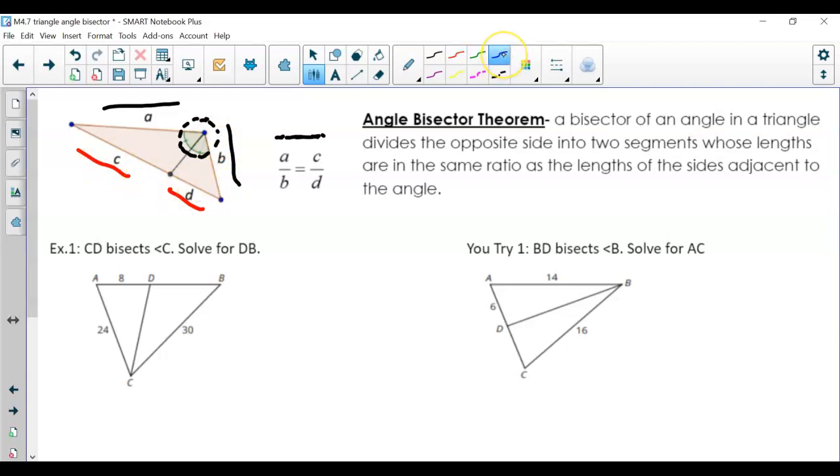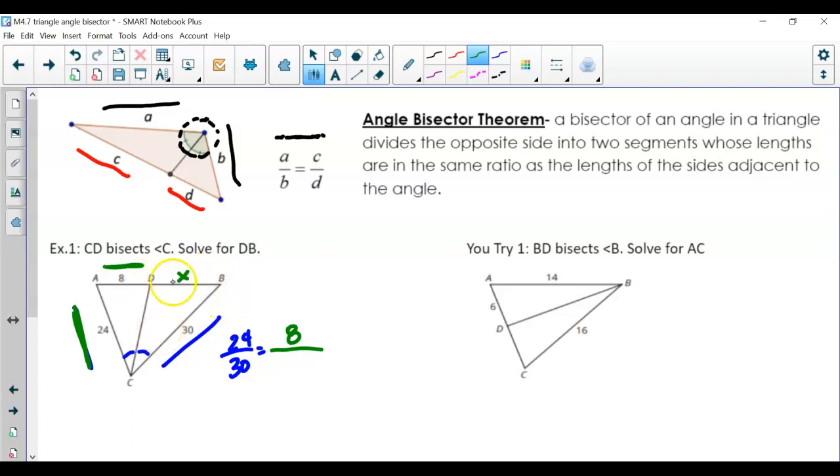For example, we have CD is an angle bisector. It's given, which means 24 to 30 is equal to our ratio, so if we have 24 here, then we have 8. Now we are looking for BD, so what do we have here?